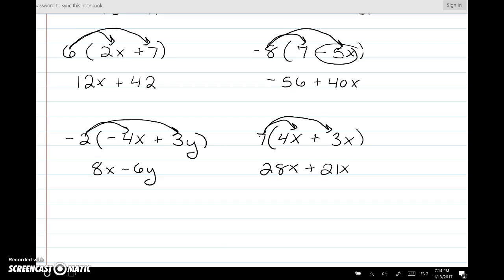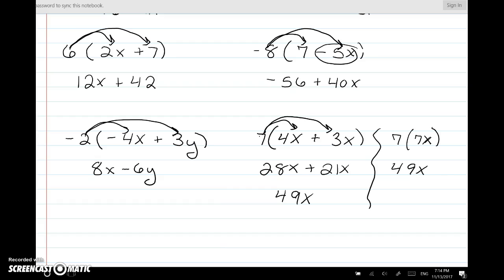Now, are these two similar terms? The answer is yes, they both have x to the first power. 28 plus 21 is 49x. You can also combine first and get 7 times 7x, and 7 times 7x is 49x.